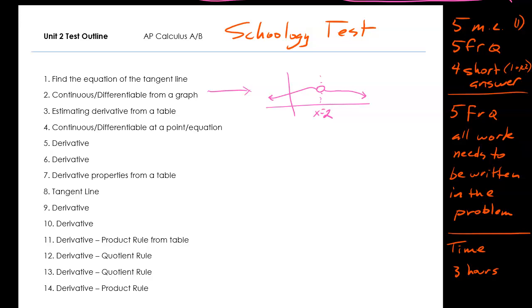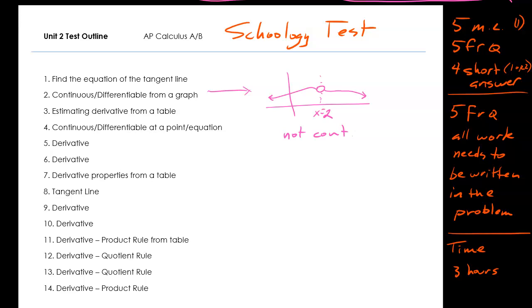For this one, you can answer them separately. If you look for continuity first, it's not continuous there. So we would say this is not continuous.